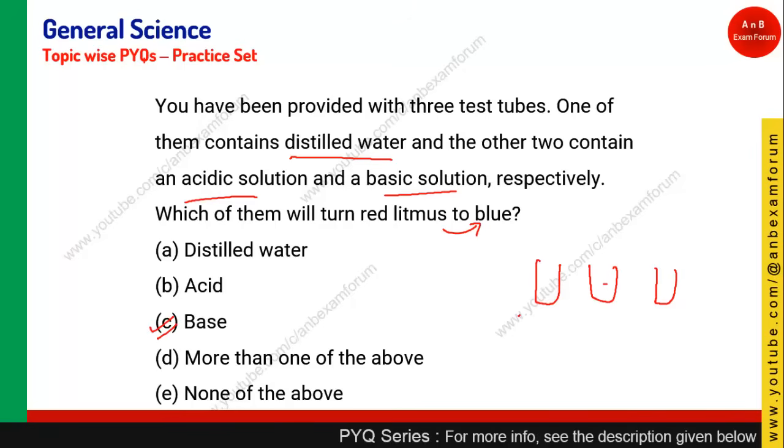So you can remember it this way. If it is shifting from red to blue, what is blue? Base. So B is for base, B stands for blue. So if it is turning blue, it means it is a base.